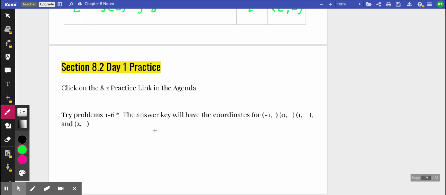However, your answer key will be just like what we did before. It'll find the x's -1, 0, 1, and 2. So if you want to check your 4 answers, I would use those 4 as your x values in those problems.